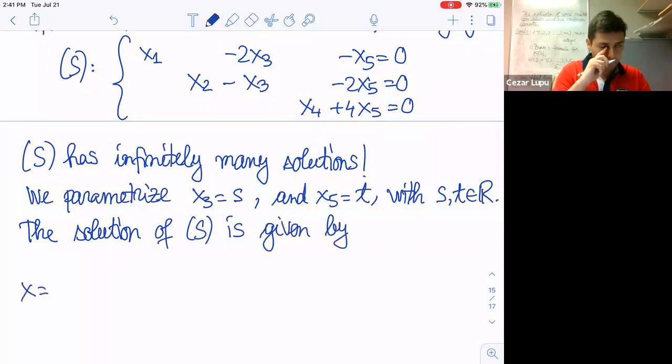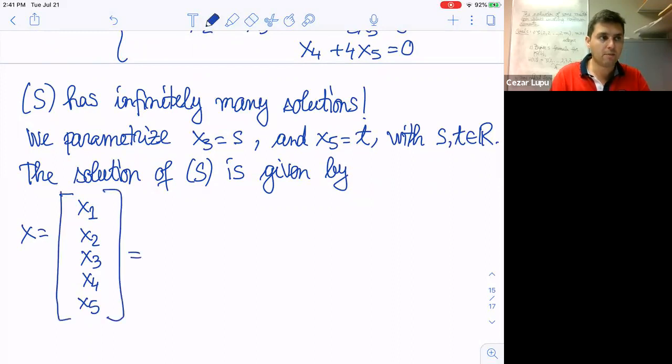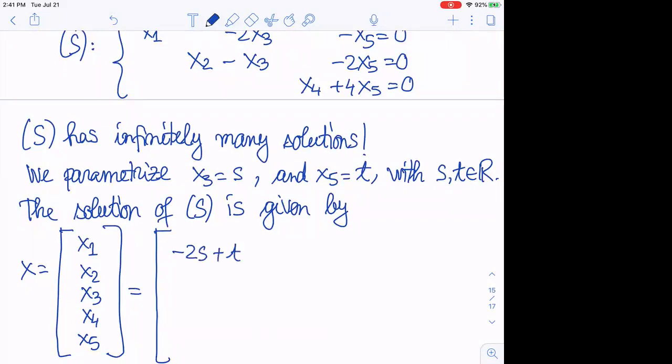X, let's write it in this way, x1, x2, x3, x4, x5, which will be given by, well, you'll figure out as an exercise, but I'll just tell you in advance: negative 2s plus t.